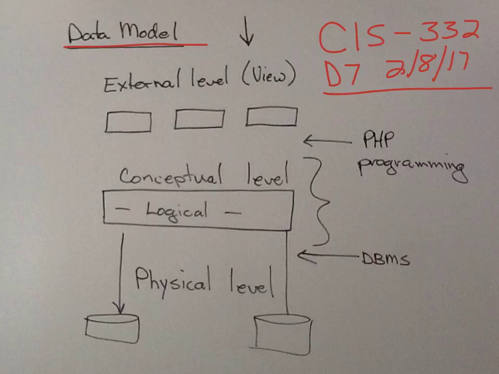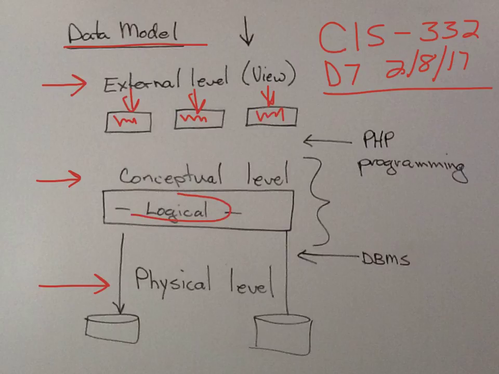So we worked through the first 2 sections, and here's just a little bit of another approach on looking at the external view, conceptual, how we see it, and how the data is actually stored. And the external can have different views. They could be looking at the same database, but different views of that database.